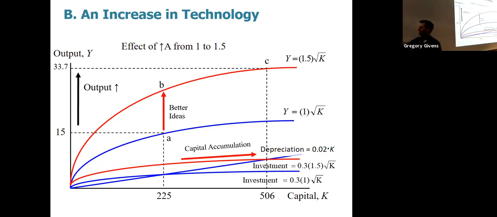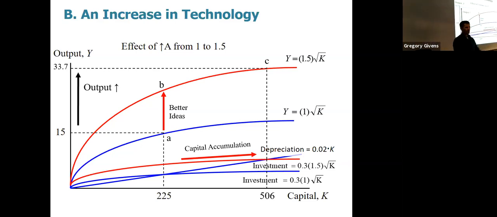As capital grows, investment gets higher, but at a diminishing rate, whereas depreciation goes up at a constant rate. So the logic of diminishing returns says that we should eventually get to a new steady state point where investment is just equal to depreciation. That occurs at a capital stock of around 506. Again, I would encourage you to put the numbers in yourself to verify it, with an output level of about 33.7.